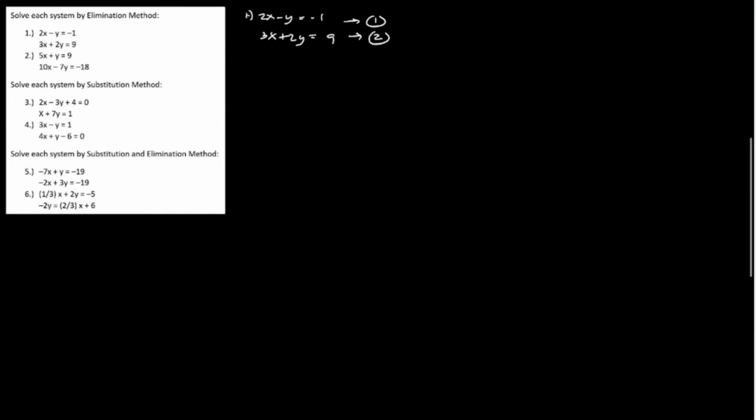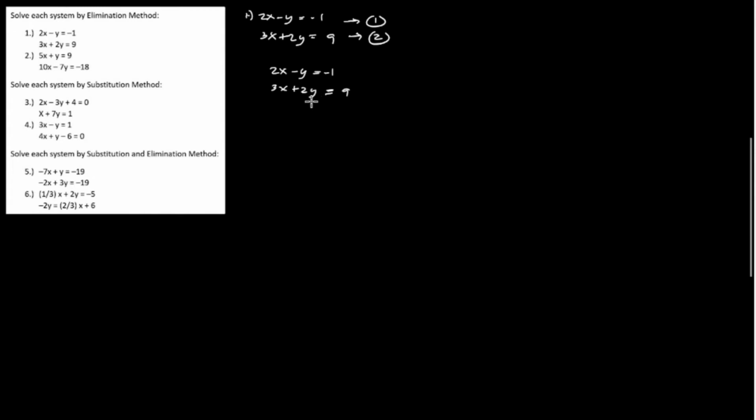Using elimination method, we copy first 2x minus y is equal to negative 1, and equation 2, 3x plus 2y is equal to 9. By elimination, cancel out the variable y.